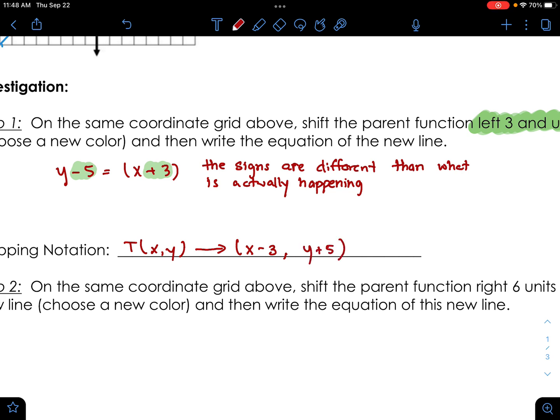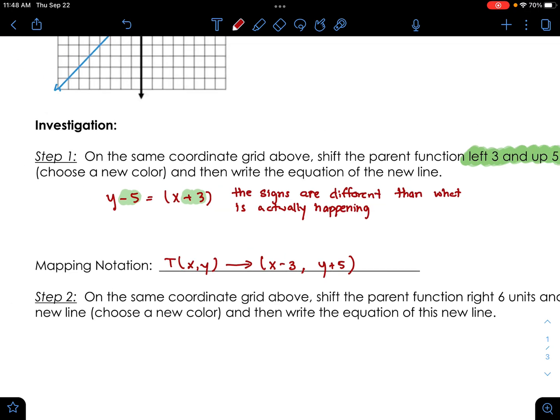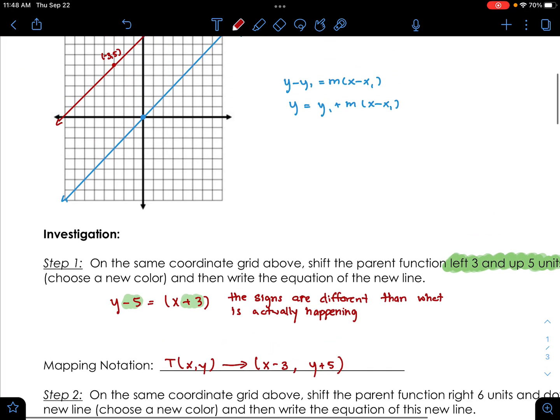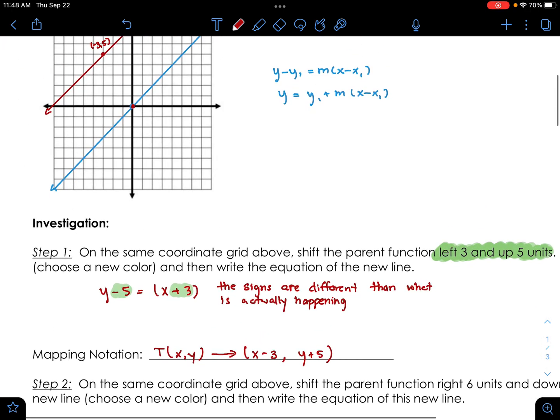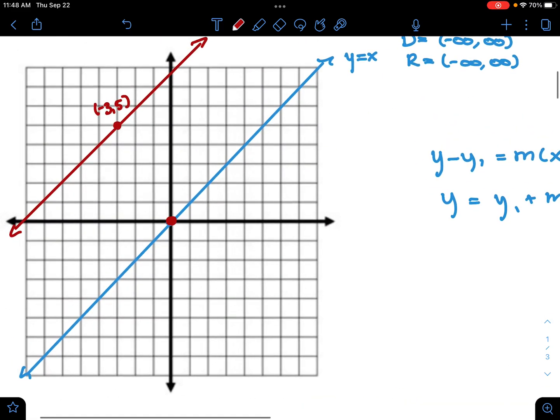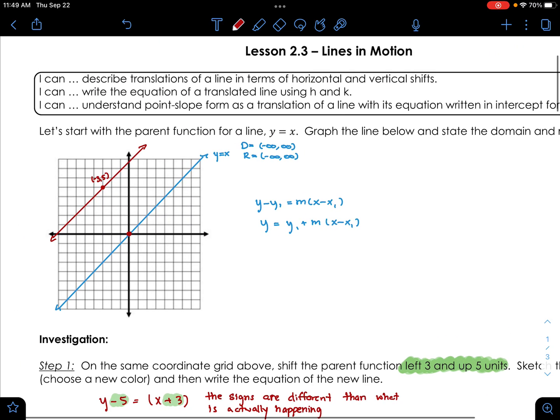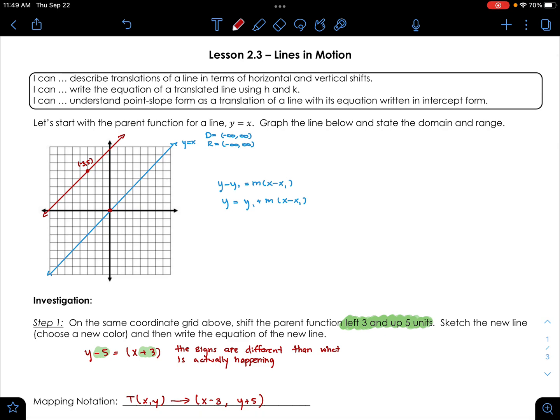If you look at this initial graph, y equals x, if you start at 0, 0, and subtract 3 from 0, you get negative 3. If you add 5 to 0, you get 5, which gives you this point, negative 3, 5. It allows you to take one point from your parent graph and move it to the new function.